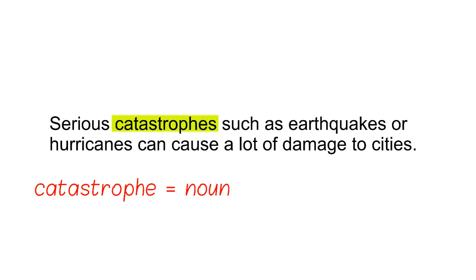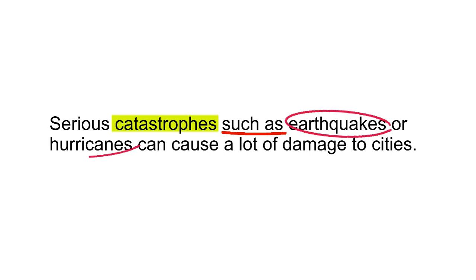Also, the phrase such as always follows a noun. Yes, catastrophes must be a noun. Look at the phrase such as again. The phrase always introduces examples, so we know that earthquakes and hurricanes are examples of catastrophes. What is another word for something like earthquake or hurricane?